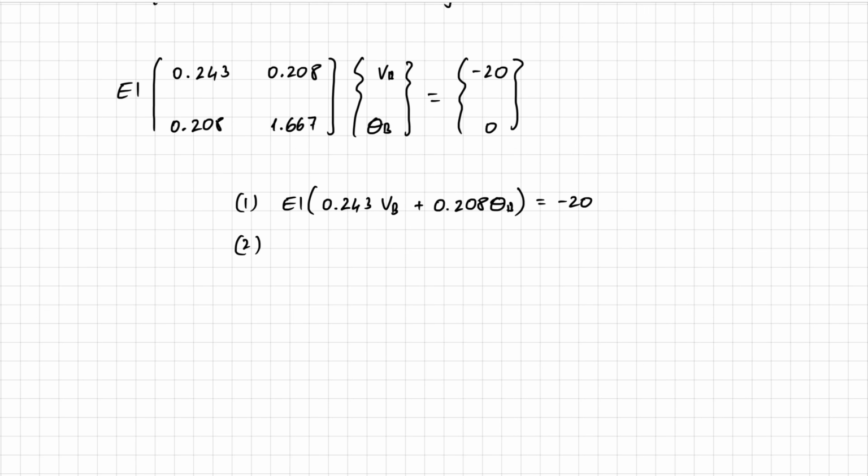And my second equation is EI times 0.208 VB plus 1.667 theta B, and that equals 0. So I can divide in the first one both sides by EI, so that goes, and here I have 20 divided by EI. And also in the second equation I can divide by EI, and that just goes because dividing this side by EI is still 0.